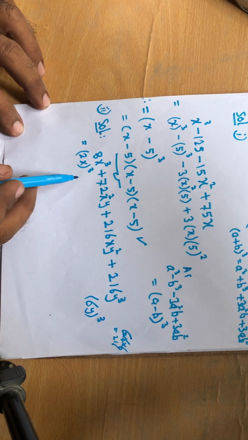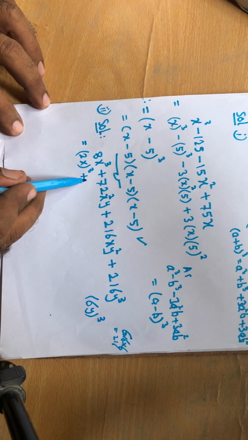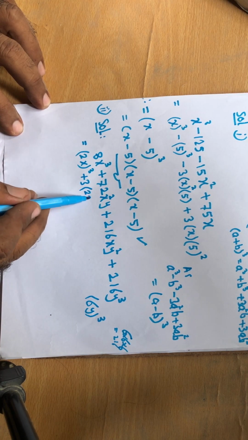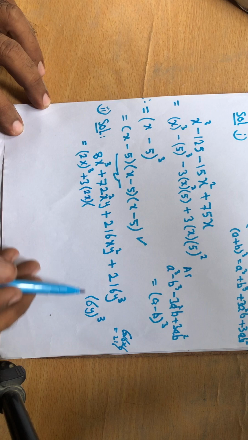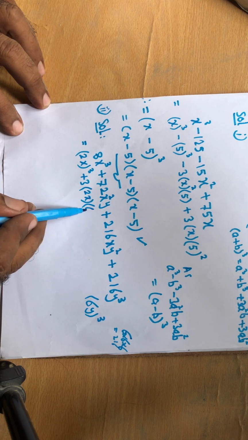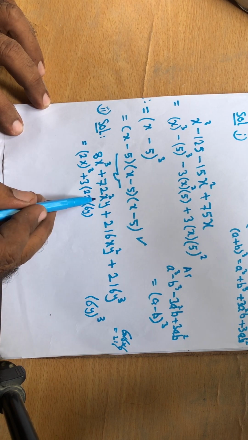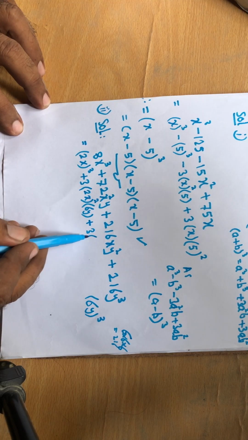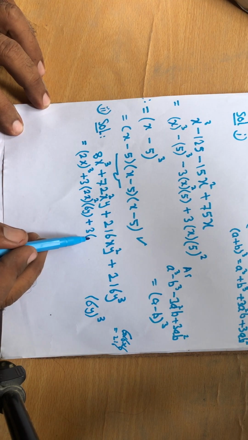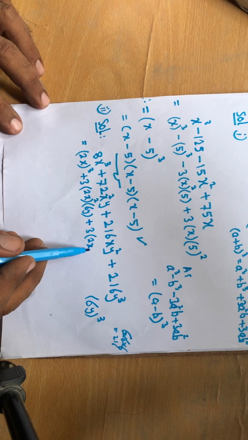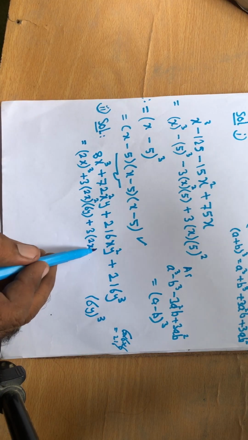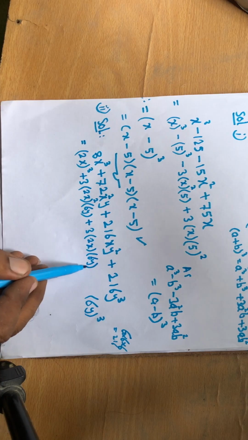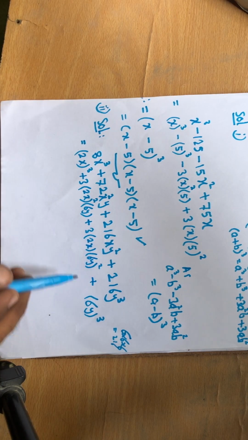Now in the middle we write plus 3a square b. Here a is 2x and b is 6y, so we put a square with 2x and write 6y. Similarly we write plus 3a b square, where a is 2x and b is 6y, and we put the square on 6y, plus b cube.